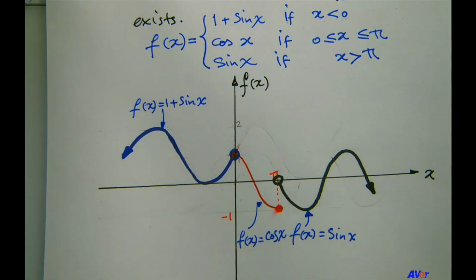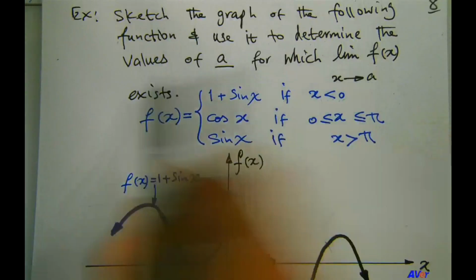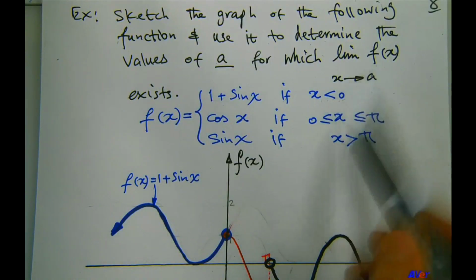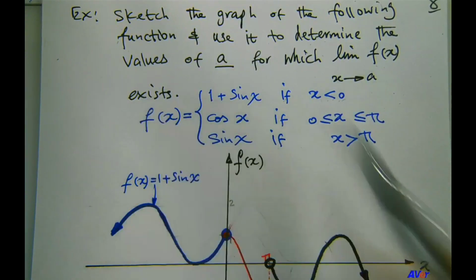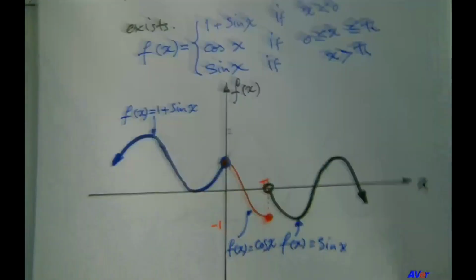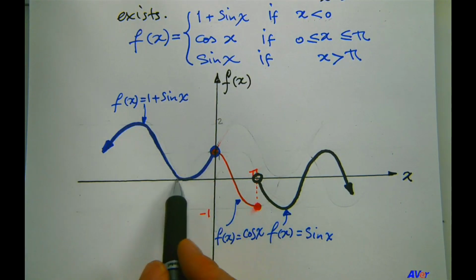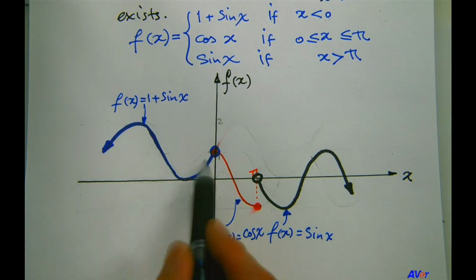Okay, so now that we have that, what else are they asking us? They're asking us to determine the values of a for which the limit of this function as x approaches a exists. Well, the limit of the function at almost all values of x exists. Almost any value of x you pick, the limit is going to exist.